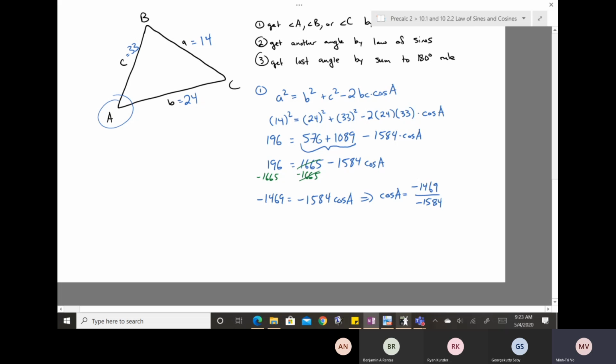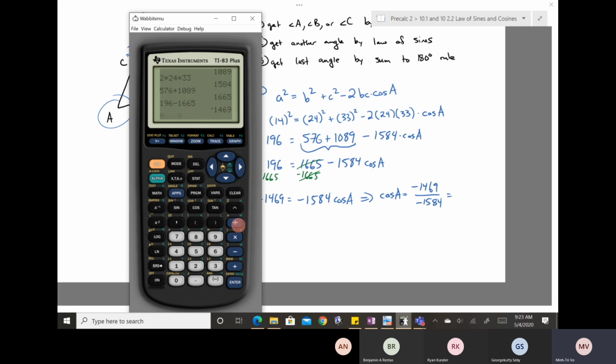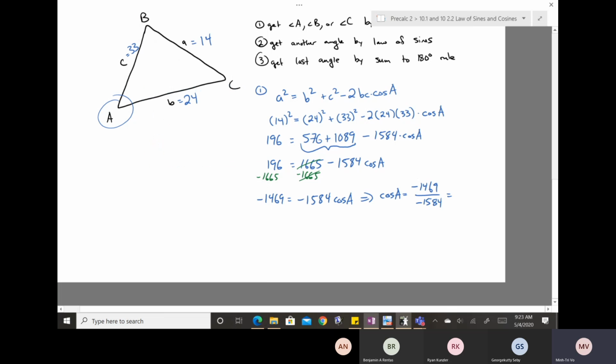Because I have to divide by the coefficient. And so what does this get me? That's about 0.9274.